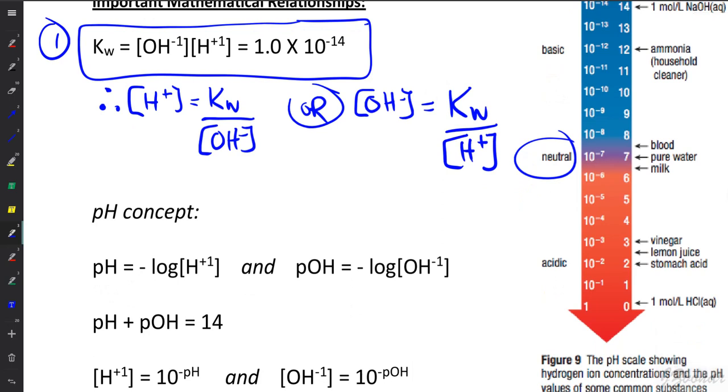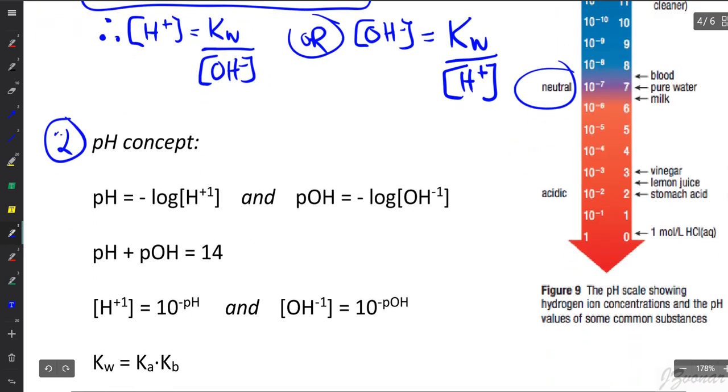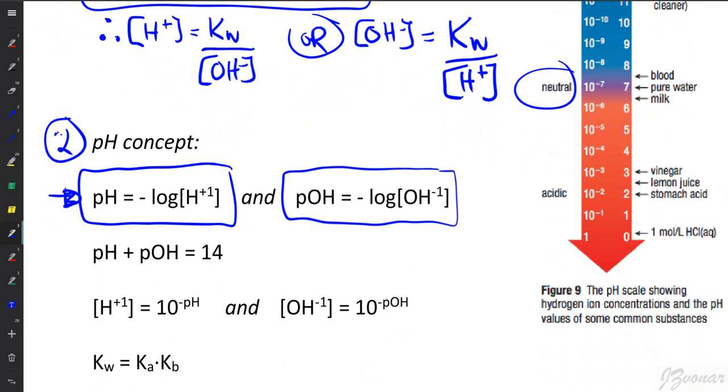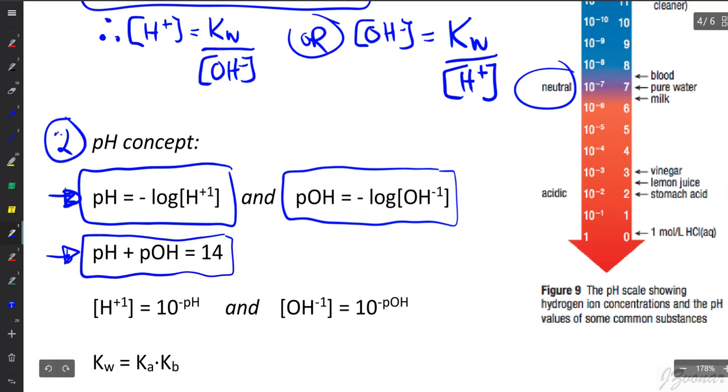The next thing we can look at are some of our pH relationships. The first one: pH is equal to the negative log of the hydrogen ion concentration. Likewise, the pOH is the negative log of the concentration of the hydroxide ions. Another important relationship: pH plus pOH equals 14, which is our pH scale.